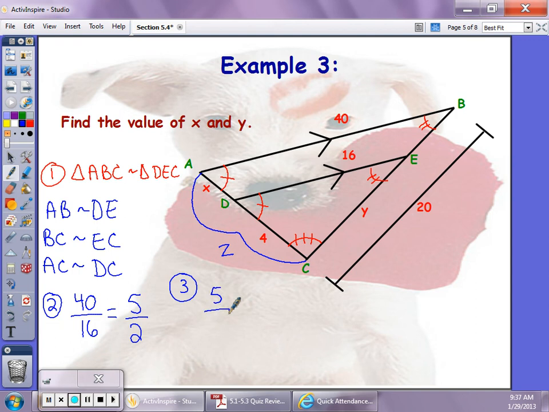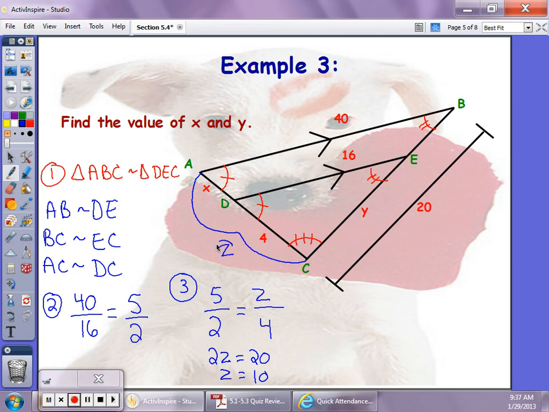So if I use my scale factor, 5 over 2 is going to be equal to the length of AC over the length of DC, which is 4. Now I can cross multiply and solve my proportion. So 2Z is going to equal 20, and the length of Z is going to equal 10.